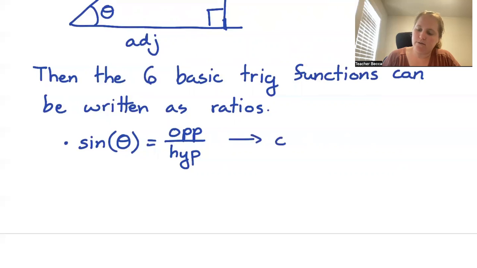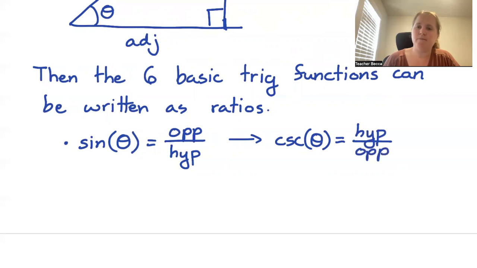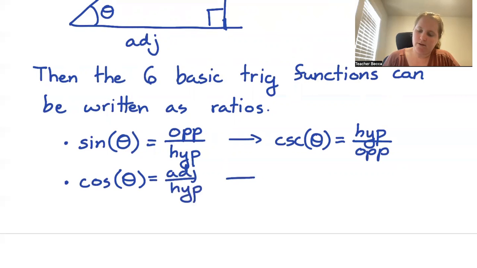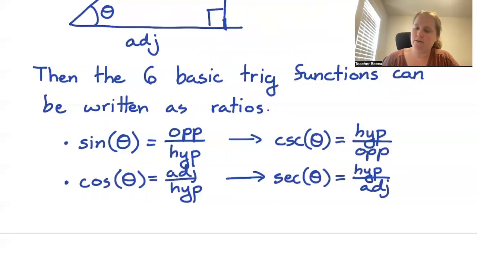Therefore, cosecant of theta is the hypotenuse over the opposite. Cosine of theta is adjacent over hypotenuse, and therefore secant of theta is the hypotenuse over the adjacent.